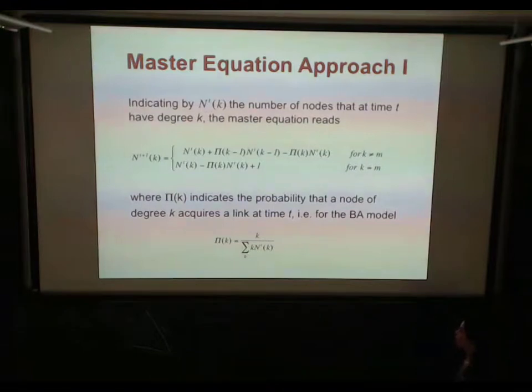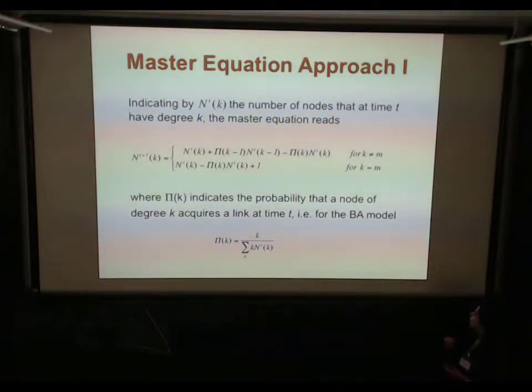The number of nodes that at time t plus 1 have k links is equal to the number that at time t had k links, plus a gain term, minus a loss term. The gain term comes from the nodes that had degree k minus 1 at time t but acquire a new link, so they enter the class of nodes of degree k, and the loss term is the nodes that had degree k at time t and have degree k plus 1 at time t plus 1, so they leave this class.